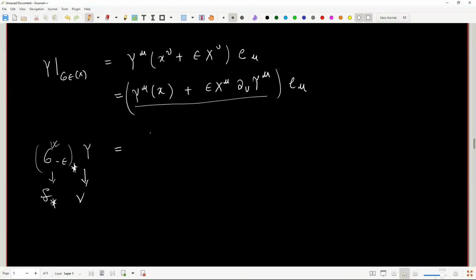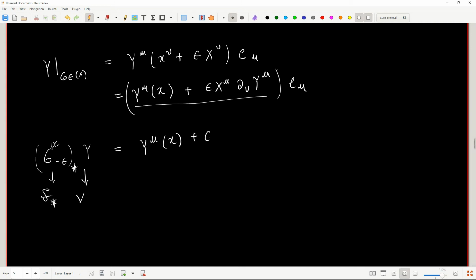So let me write that as y^μ(x), because you can see that if you just write it like some y prime^μ E_μ, this is the component, right? So that's what I'm writing over here.